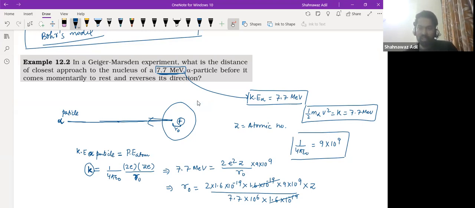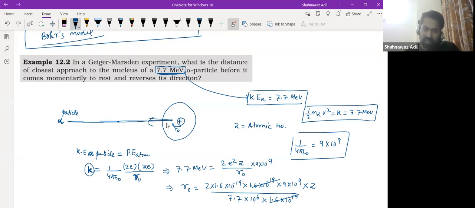Helium is the alpha particle. There was this important thing: they strike this alpha particle onto something. What was that? Gold foil, right?